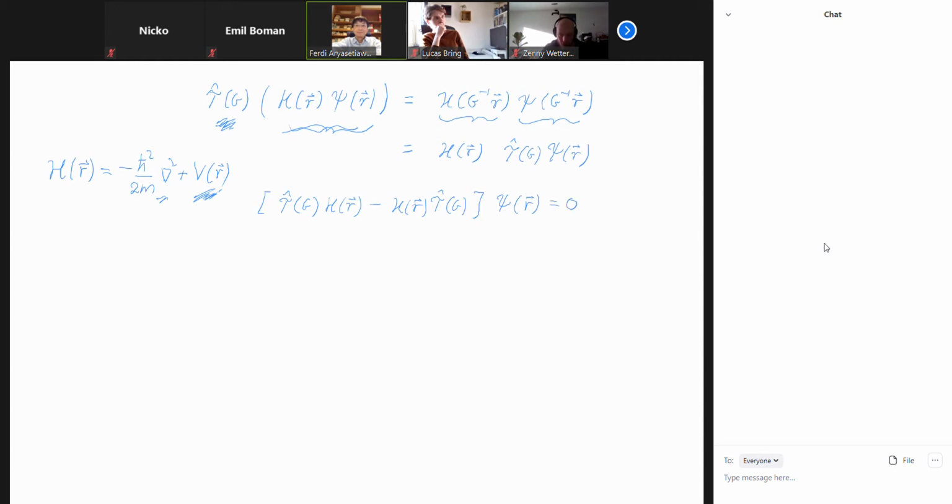We have not specified what the wave function is, so that means that this thing should be equal to 0. If we go back to the more abstract operator, then we have the thing that we wrote in the beginning. I just wanted to do this in a more explicit way to see what is actually happening. But this is a more general definition of symmetry operator.